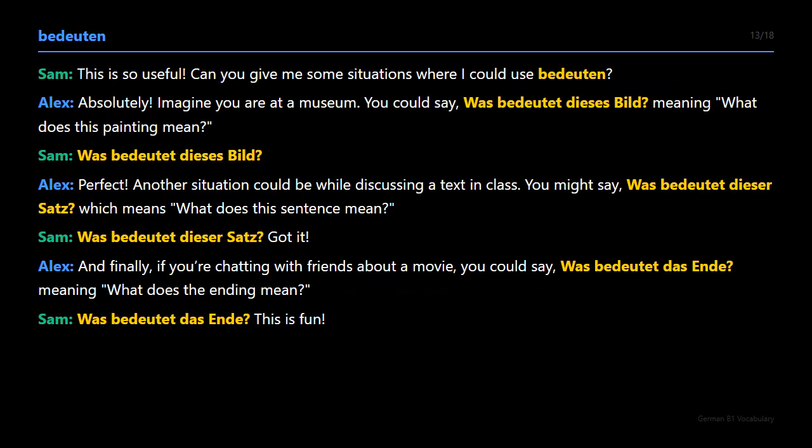You might say, Was bedeutet dieser Satz? which means, what does this sentence mean? And finally, if you're chatting with friends about a movie, you could say, Was bedeutet das Ende? meaning, what does the ending mean?